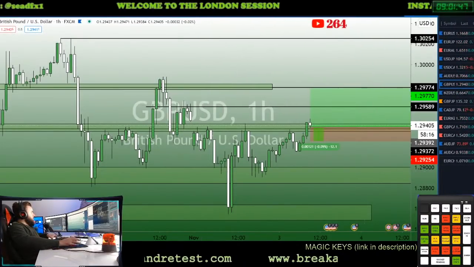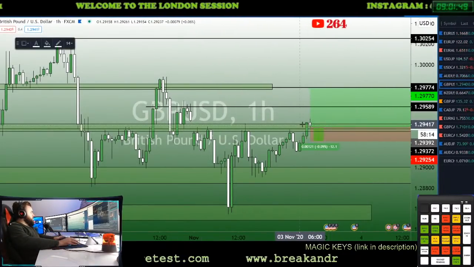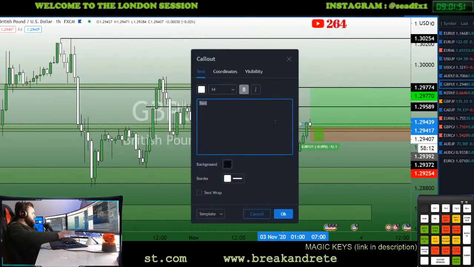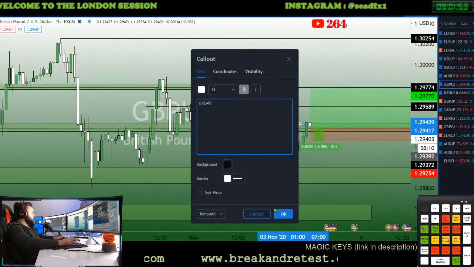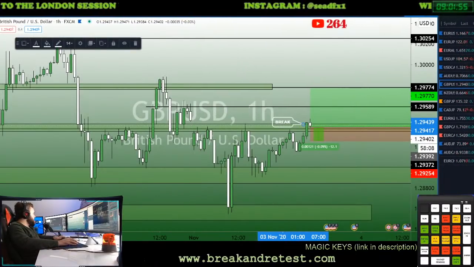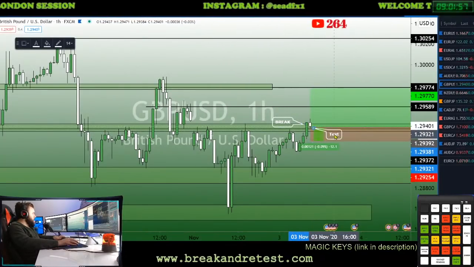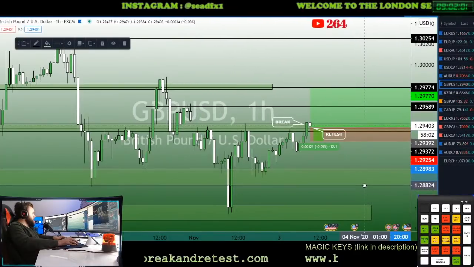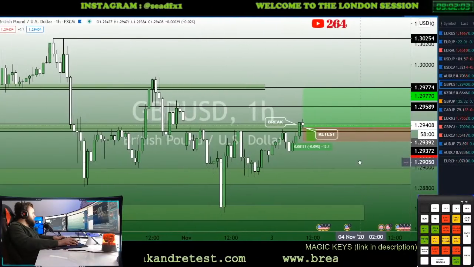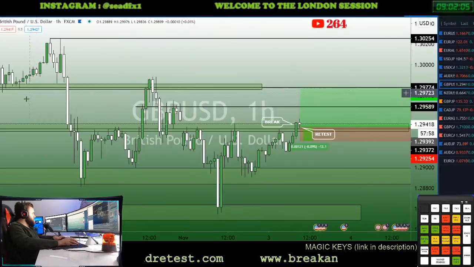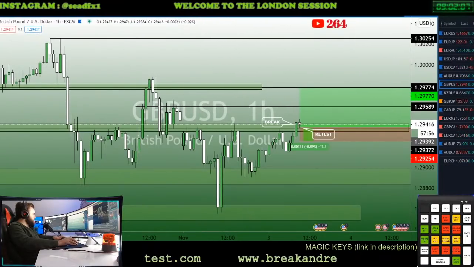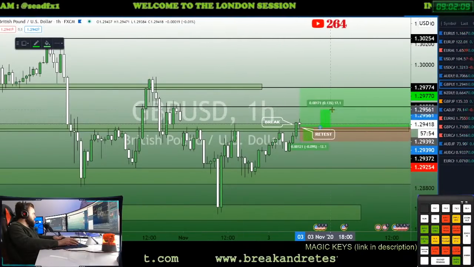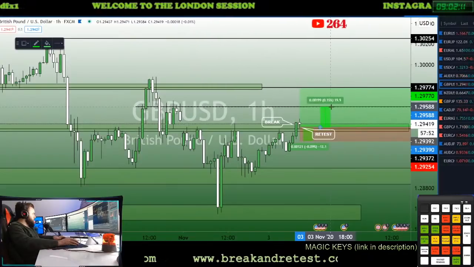Let's see, we finally have a breakout on GBPUSD. We should have some continuation pretty quick to the upside, and we'll be done with it. It's been a long time rejecting this zone, so we finally have a break above, and we should have some continuation to this next zone, which is a 20 pip range.